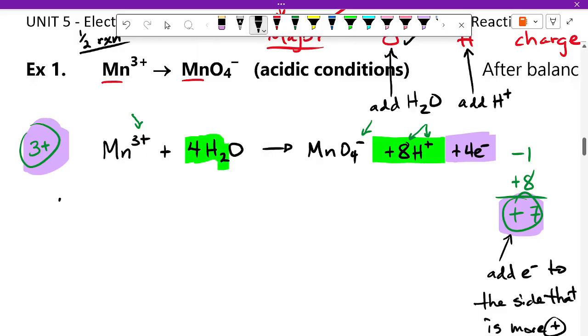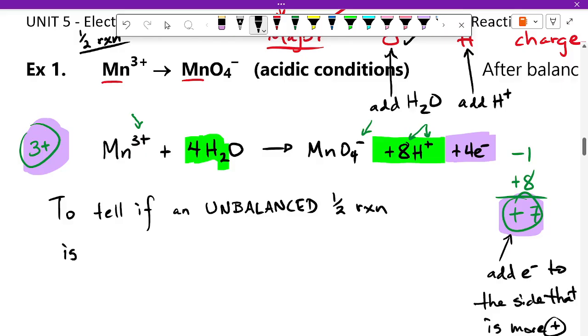So, to tell if an unbalanced half reaction is oxidation or reduction, you can either, one, balance the half reaction and see where the electrons are.